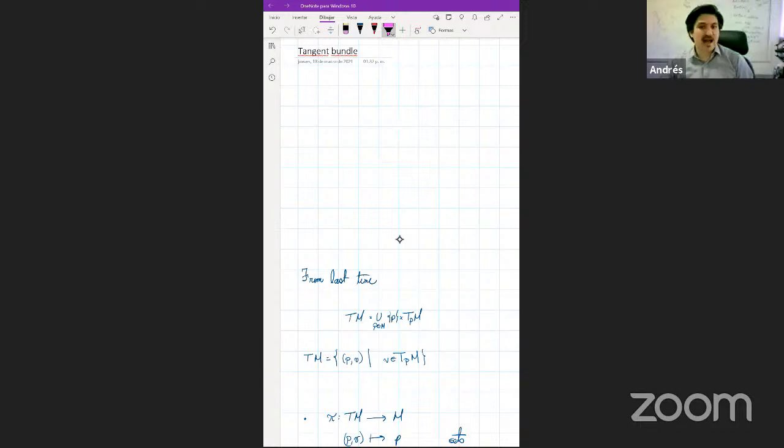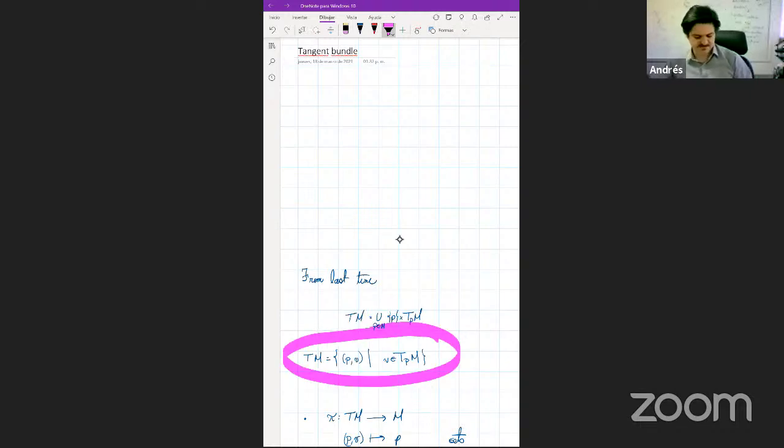So we have a manifold M, and then we have a new set, TM, which is the set of all the points in the manifold and vectors in the tangent plane to P. So you can think about it also this way. It's not any point and any vector. It has to be a vector that belongs to the tangent space at that point.